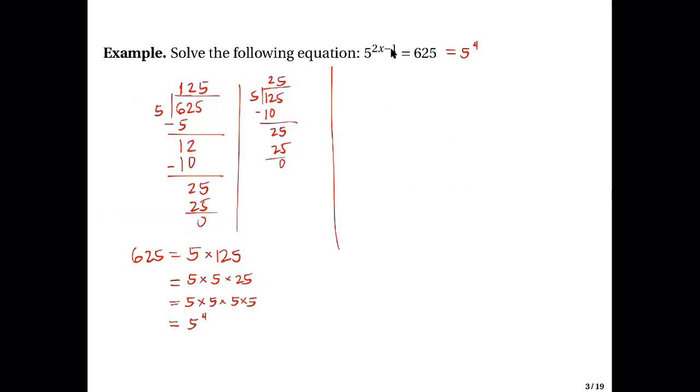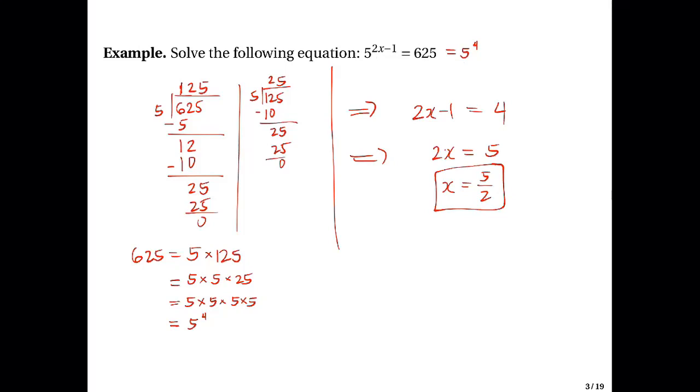You have 2x minus 1 equals 4. And then, of course, we solve for x. This means that we have 2x equals 5, which means that x is equal to 5 over 2. So this is the solution to this equation. Okay?